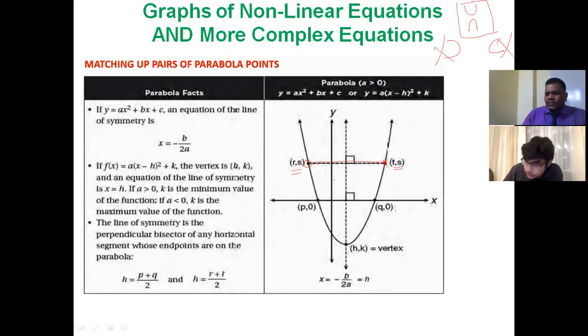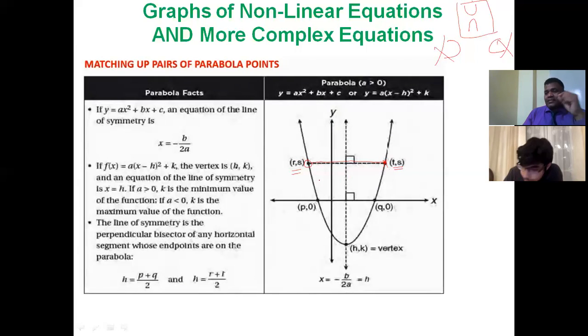This is called matching up pair of points in a parabola.